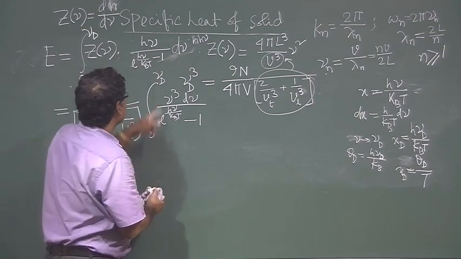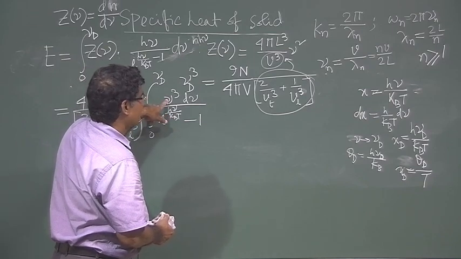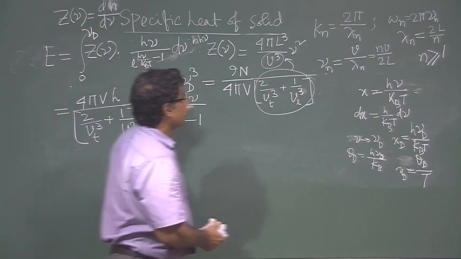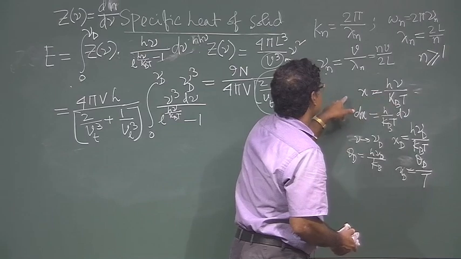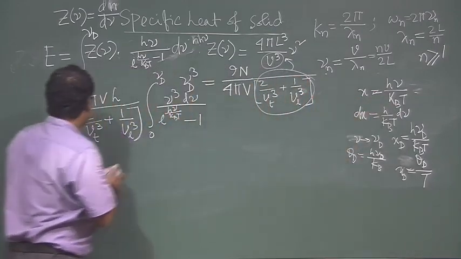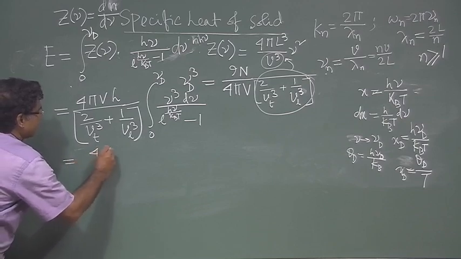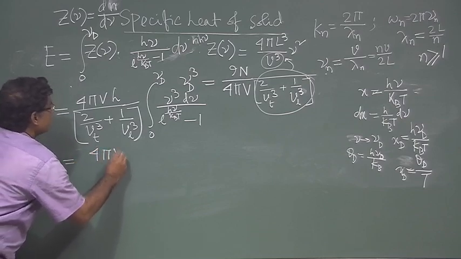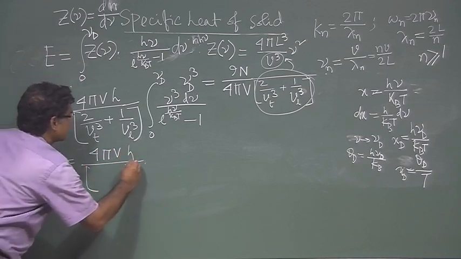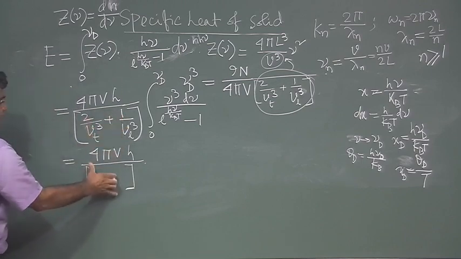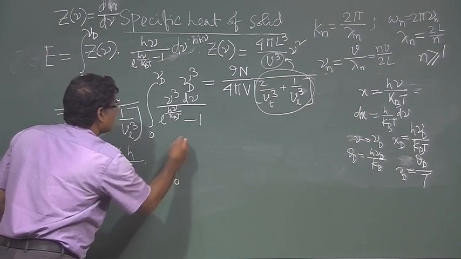So, here what I can do, here your nu cube. So, nu is kBT by h x. So, this I can write 4 pi V h by this term, by this term, then here I can write integral from 0 to x d.